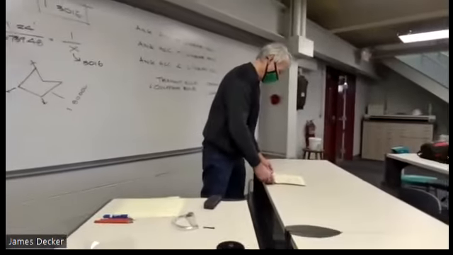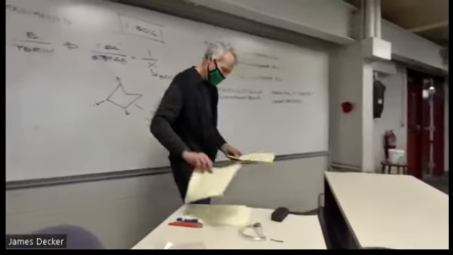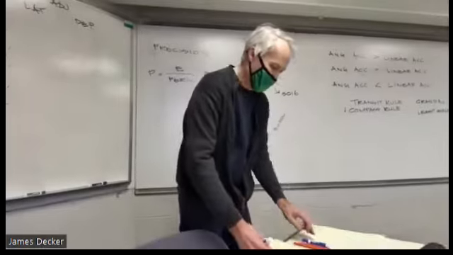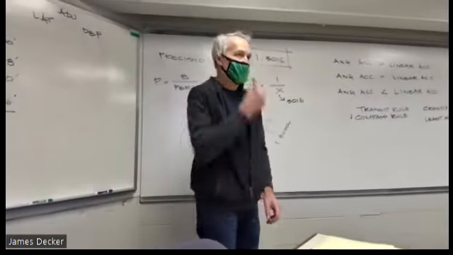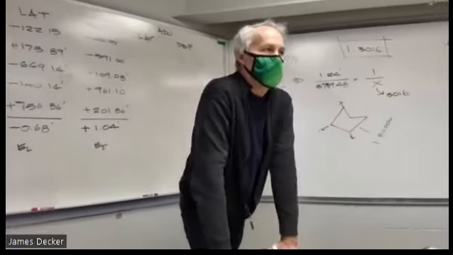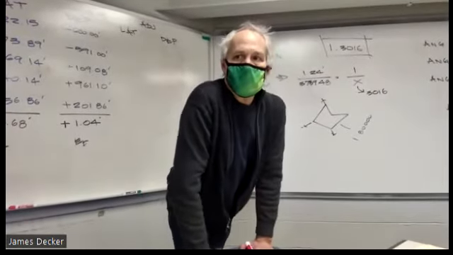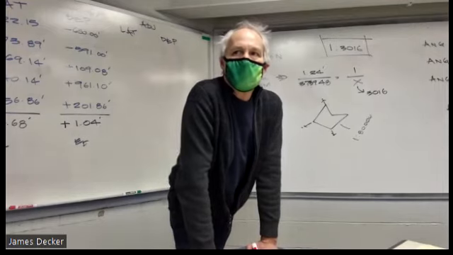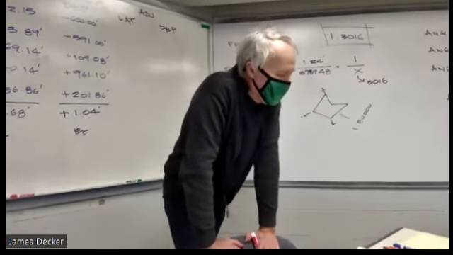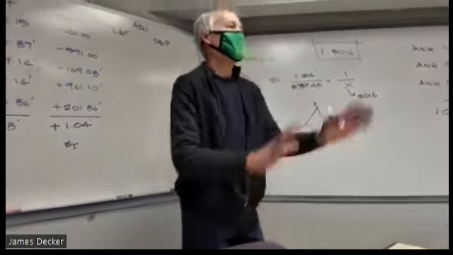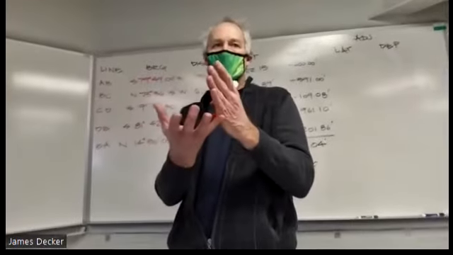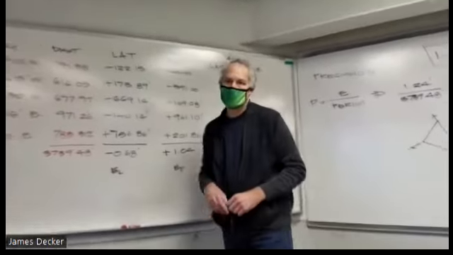Compass rule adjustment is very simple to do. Basically, it's a two-step process. The first thing we have to do is calculate a correction for each line. Then you apply that correction to each latitude and departure.